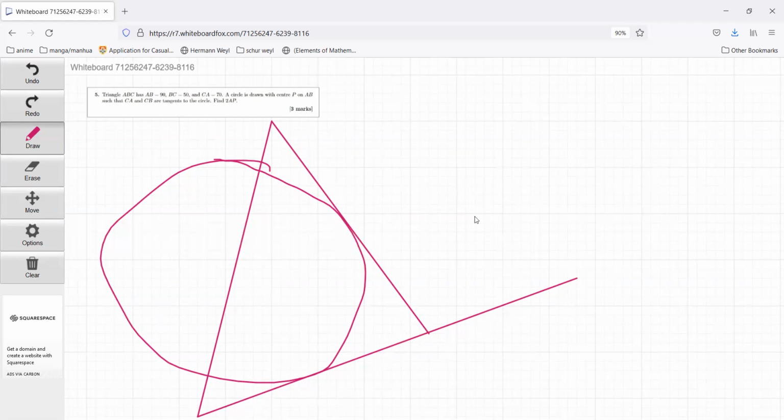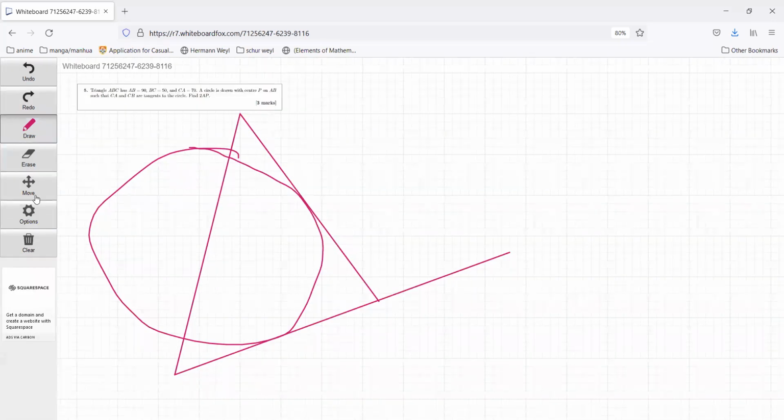Cool. So we've got A, B, C. Center of the circle is P. And we have that these are tangent. CA and CB are tangent.